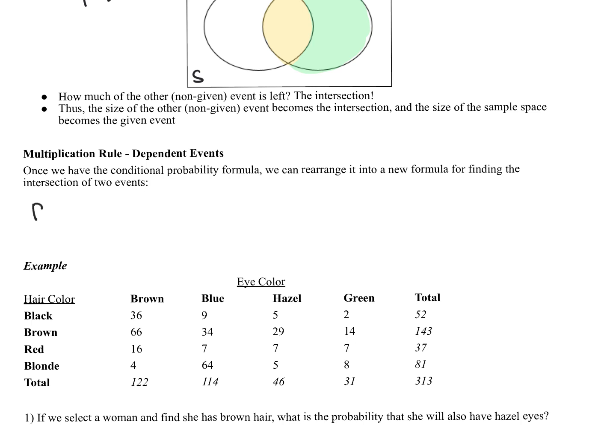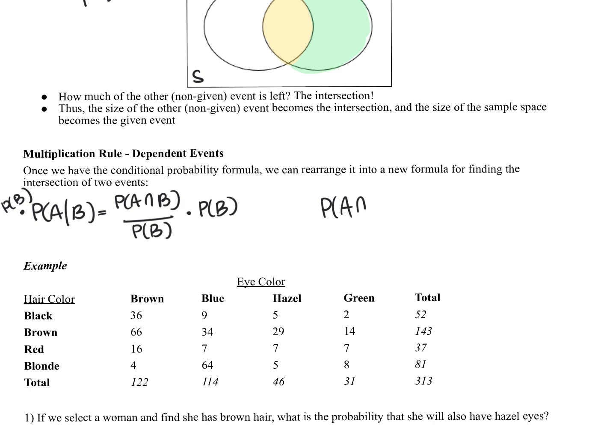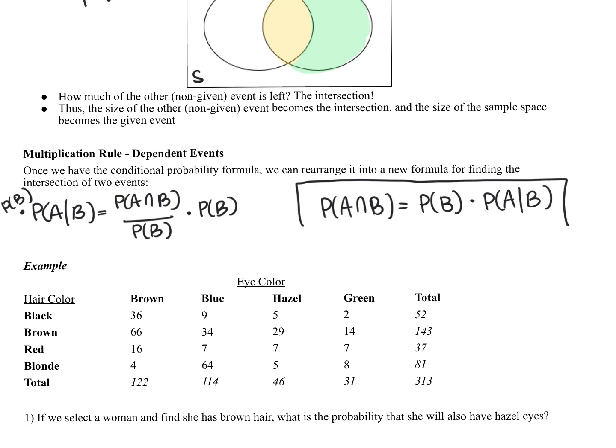So just to review, we have the probability of A given B is the probability of A and B over the probability of B. So multiplication is A and B, which means if I want to find the probability of A and B, knowing my events are dependent, I solve this formula by multiplying both sides by the probability of B. So that gives me that the probability of A and B is the probability of B times the probability of A given B. So this formula is specific to dependent events.